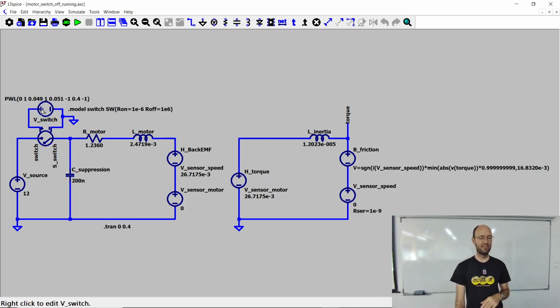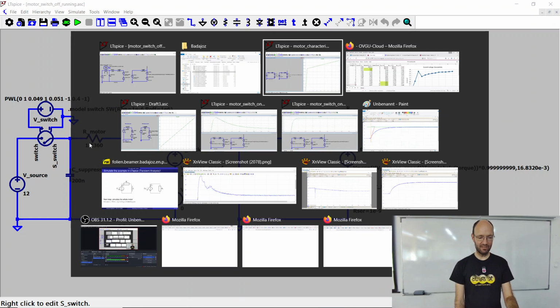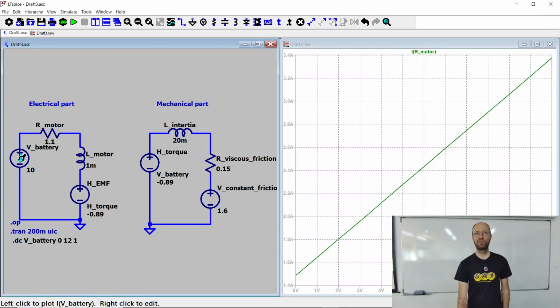And then you need to have another voltage source that controls this switch, or that controls this resistance. So this is the source that controls the switch. This is the switch resistance. And then what is also somehow built into the motor is a suppression capacitor. So we have the source, and the problem is, let's say if we go back to the model that we have developed, even if I would switch off the source, there could still be a current in this loop.